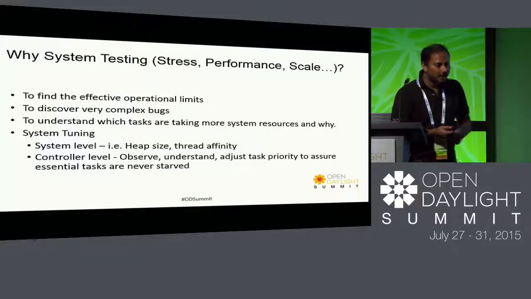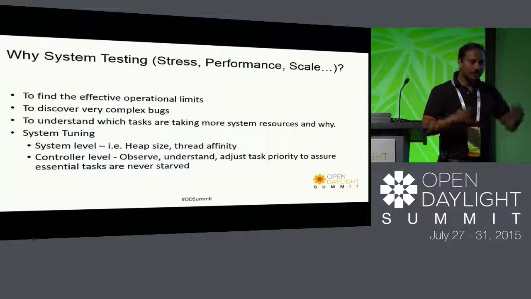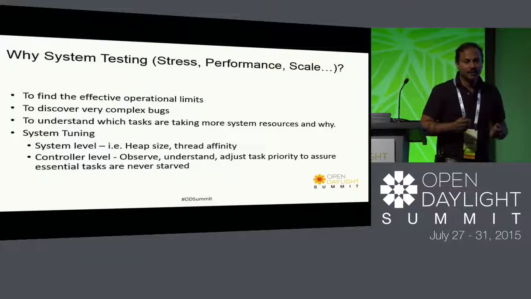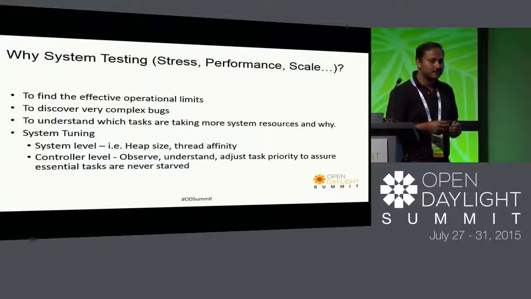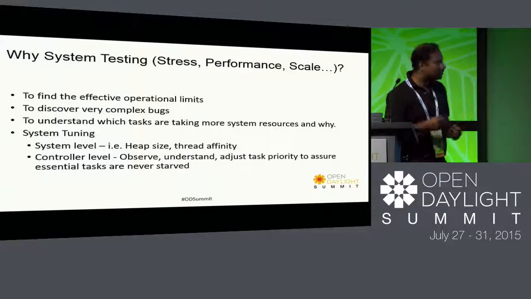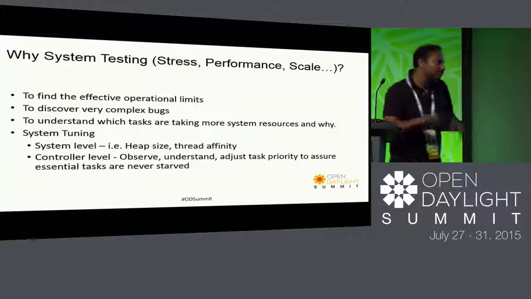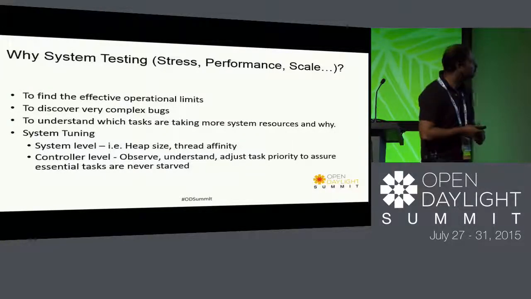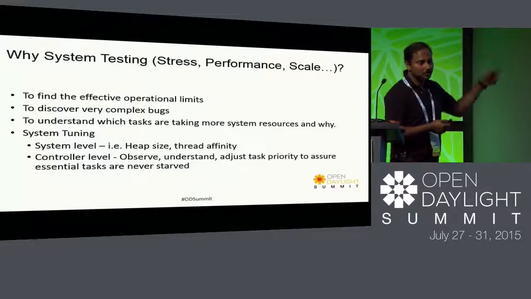I've seen many situations where the features work pretty fine, but the moment I introduce a system test and there is an interaction between multiple code, multiple plugins, it falls apart. So I get a lot of very complex bugs by doing system testing.